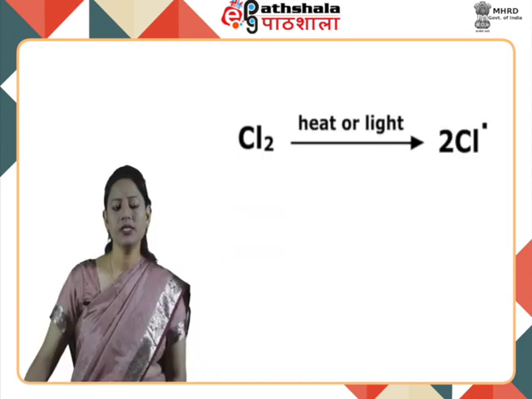The first step is initiation, which involves bond dissociation in the chlorine molecule. The bond dissociation energy of the chlorine molecule is 58 kilocalories per mole. So, chlorine readily undergoes homolytic bond dissociation. Chlorine in the presence of heat or light gives two chlorine free radicals.